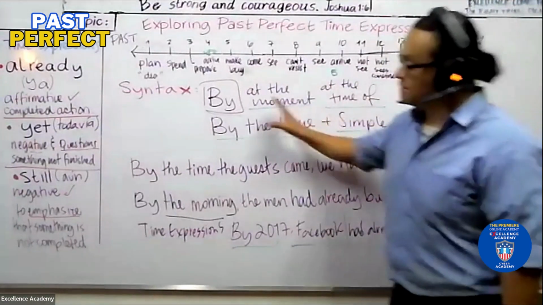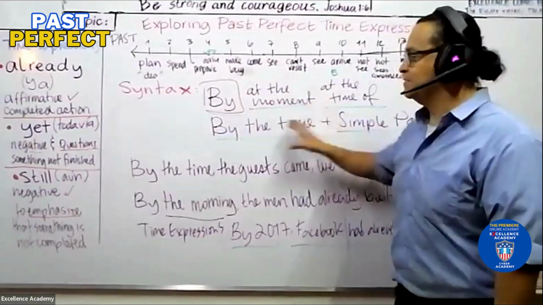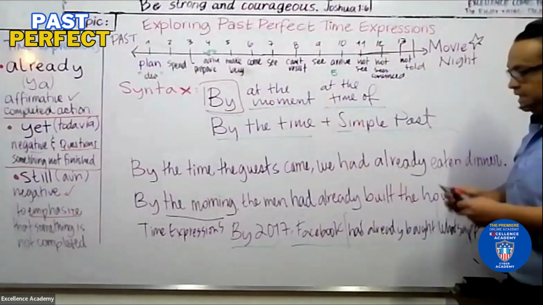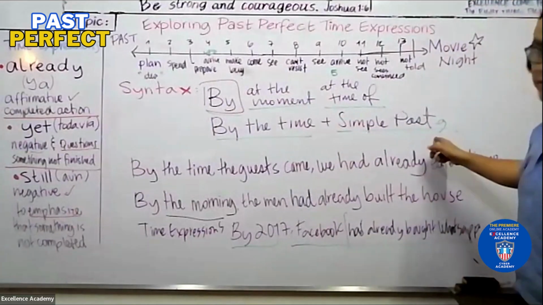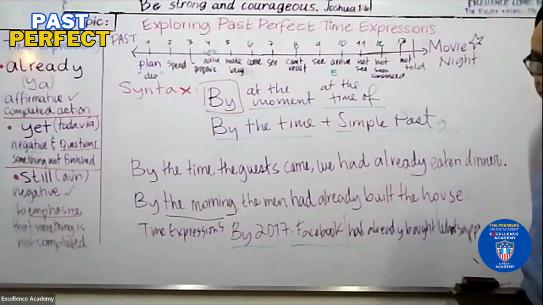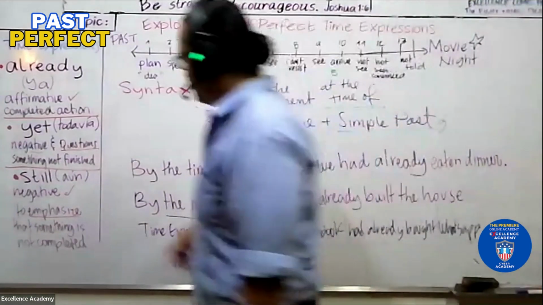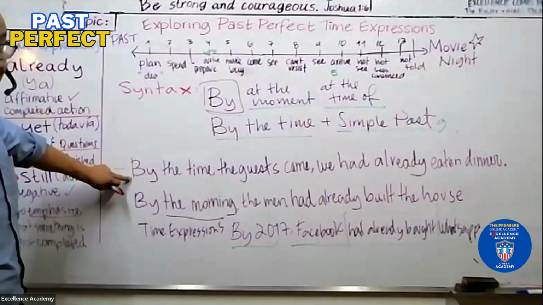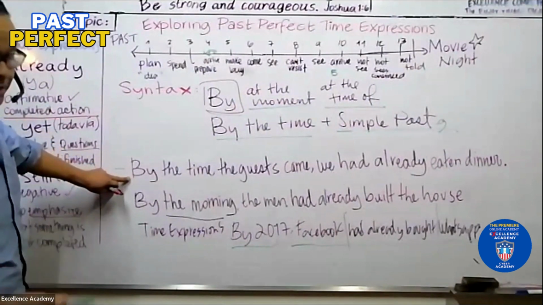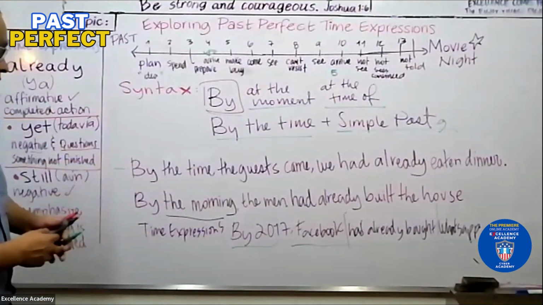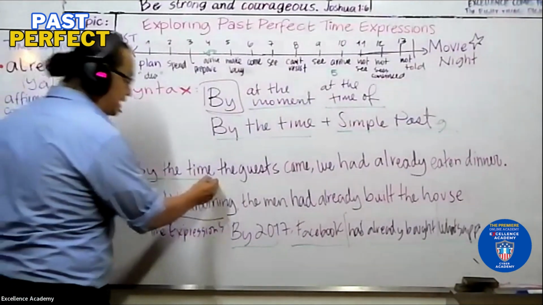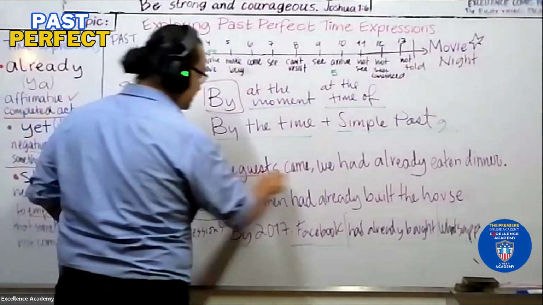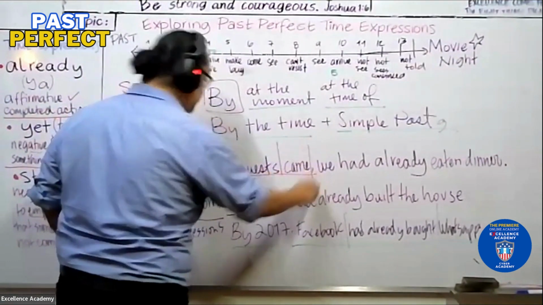The second phrase is by the time. So we use the full phrase plus the simple past, and we use a comma to separate it from the past perfect phrase. So here's the example. It says, by the time the guests came, we had already eaten dinner. So the phrase here is by the time plus the simple past, came.